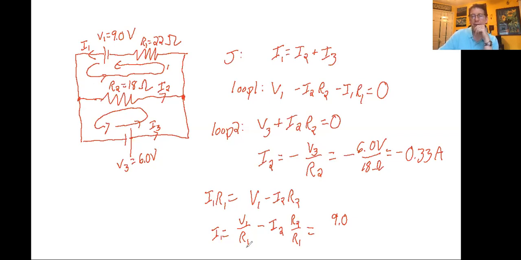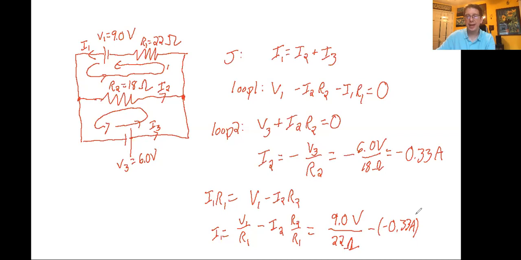So V1 over R1, so that's 9.0 volts divided by R1, which is 22 ohms, minus I2, but don't forget I2 is negative. So you're subtracting a negative, which is effectively adding a positive, and then times R2 over R1.